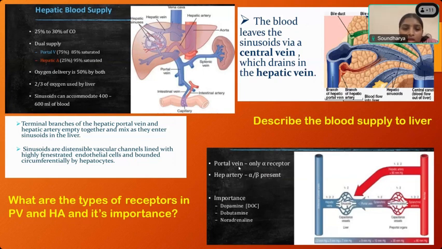Okay. So we have portal vein, there is only an alpha receptor, whereas hepatic artery you have alpha and beta receptor. So all the drugs, dopamine, dobutamine, noradrenaline, according to their location of action, they can have the effect on the vasculature of the liver.